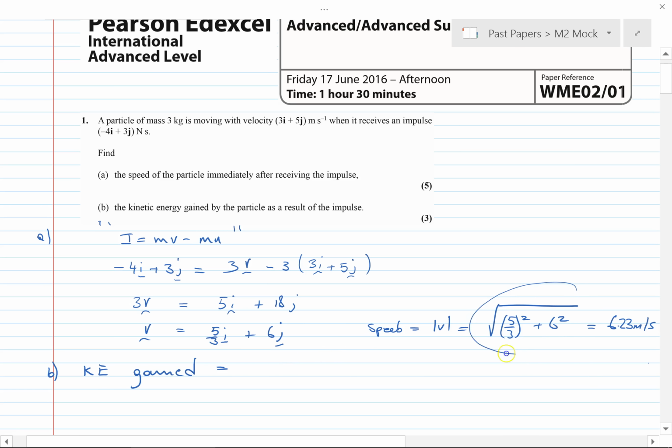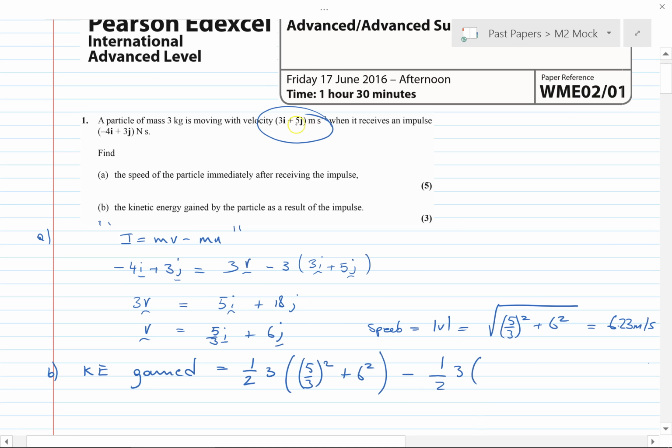So the final speed is that, so the final kinetic energy is this. But we're taking away the initial kinetic energy, which is this.